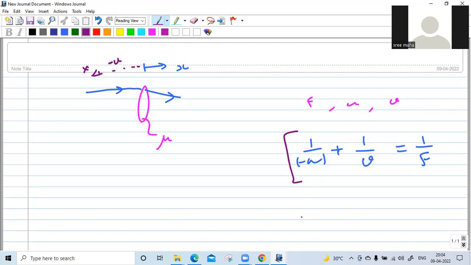And what is lens maker's formula? What does lens maker's formula relate? You know this? 1 by f equal to mu2 minus mu1 by mu1 into 1 by r1 minus 1 by r2. What does it relate?